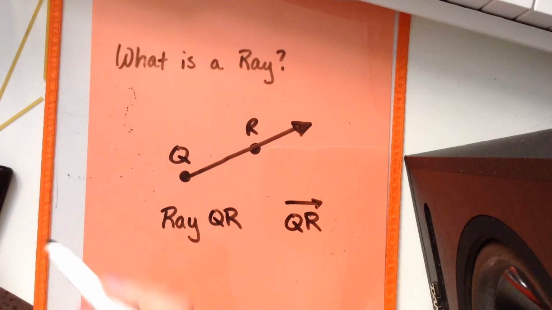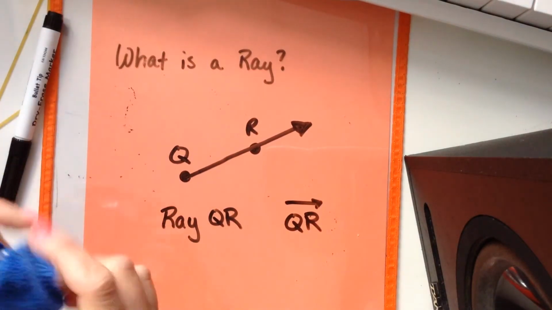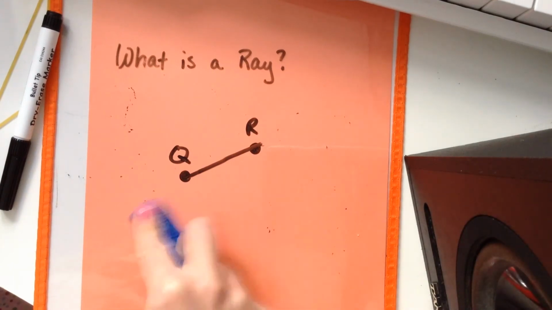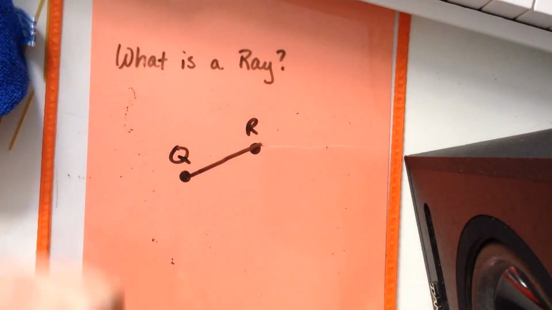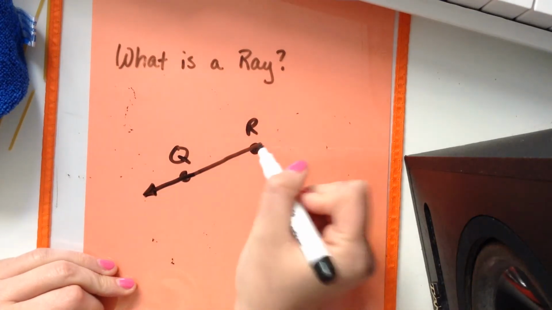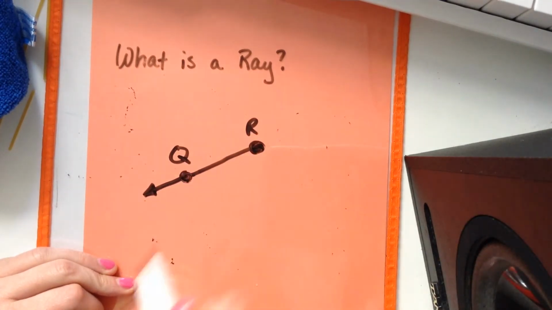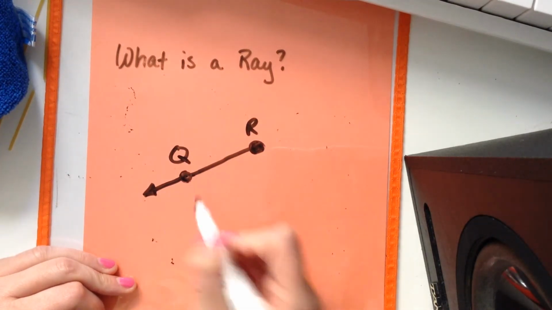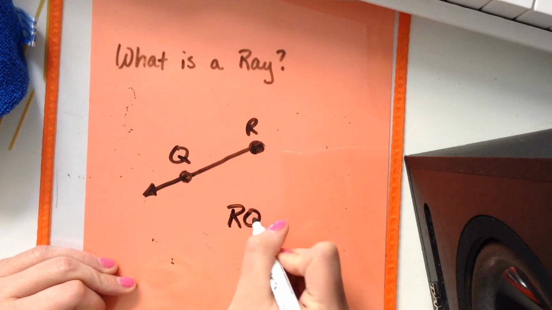Let's flip it for a minute. What if R was where we started? We went this way. Still a ray. Here's the endpoint, and here's Q. But now how are we going to name it? RQ.